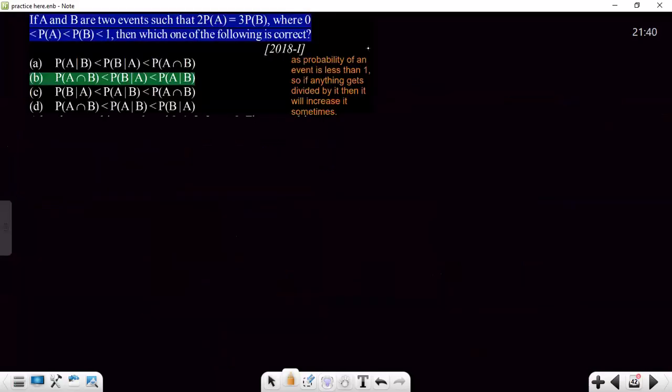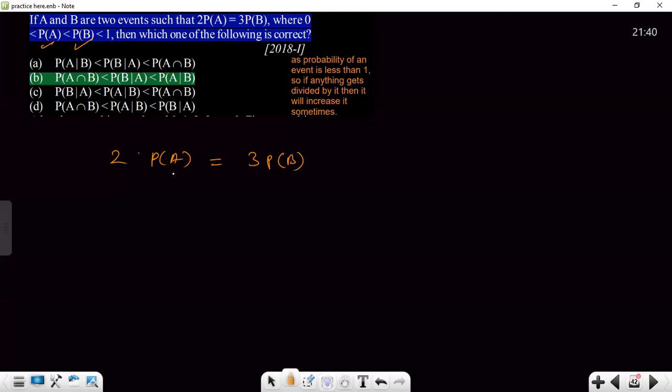B is the correct answer. So here also B is the correct answer. If events A and B are two events such that 2 times probability of A is equal to 3 times probability of event B, where the probability of A is less than probability of B, and both are events with some probability between 0 and 1.